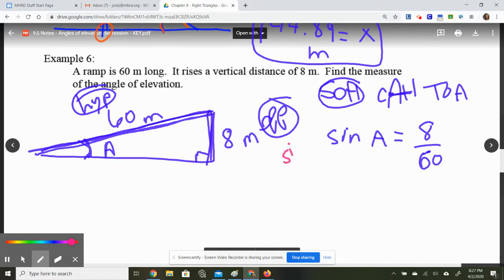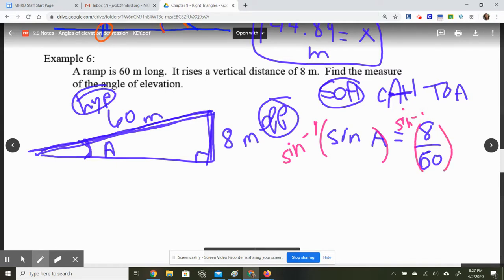It's actually something called inverse sine, or sine to the -1. That's called arc sine. So we're going to basically do inverse sine to both sides of the equation. Sine to the -1 on the left and sine to the -1 on the right. Over on the left, these two things cancel each other out, leaving us with A.